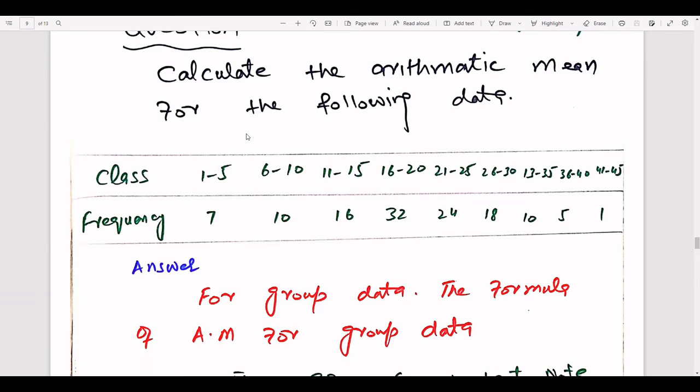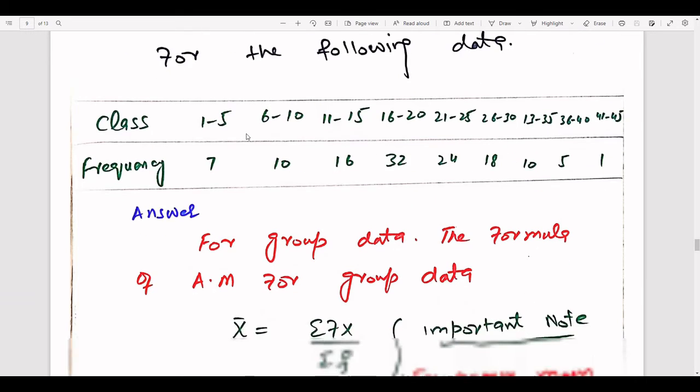Next question: calculate the arithmetic mean for the following data. Here are the classes and this is the frequency. In 1 to 5, the frequency is 7. Frequency means, in simple words, the total number of observations or candidates that lie in this class.